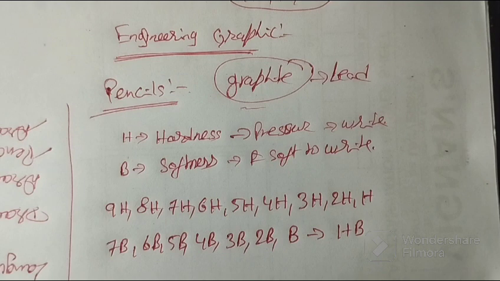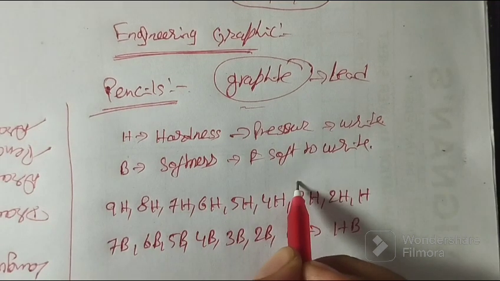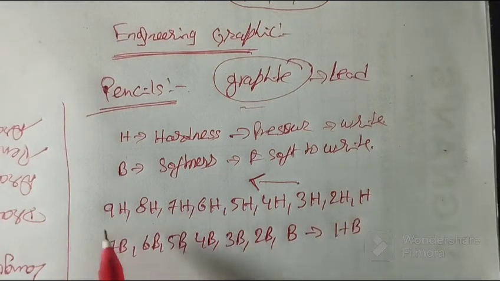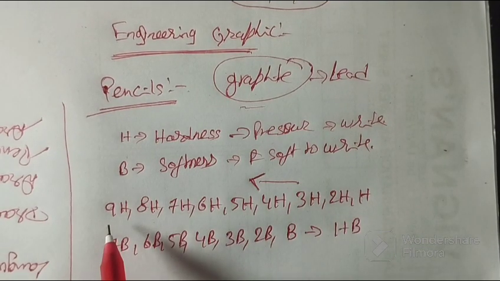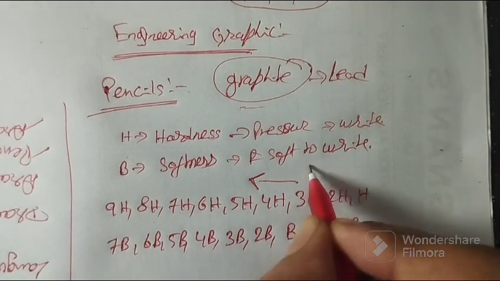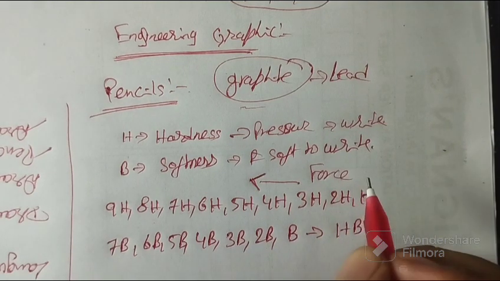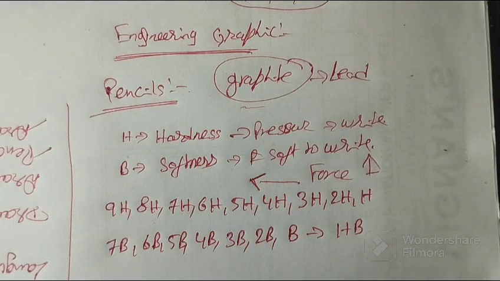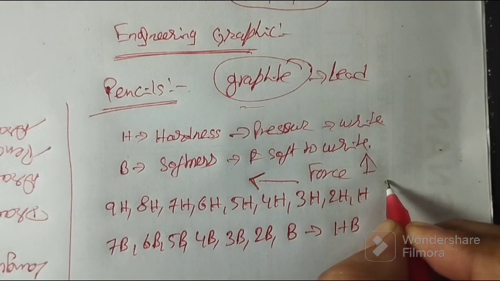Now if you see this 9H series and 7B series, as the hardness increases from H to 9H, what will happen? The force required to write increases. So you should apply more pressure to write.